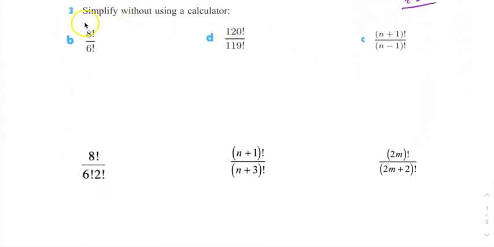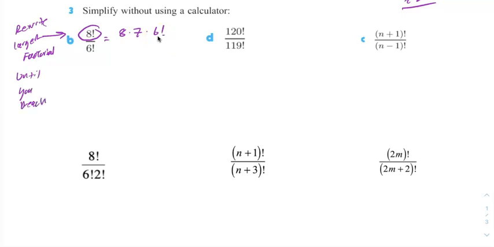So right here I have 8 factorial over 6 factorial. The trick to doing this is you get the bigger number and break it and rewrite the larger factorial until you reach the smaller factorial. So I'm going to have 8 times 7 times 6, and I'm going to stop at 6 because these would cancel out.